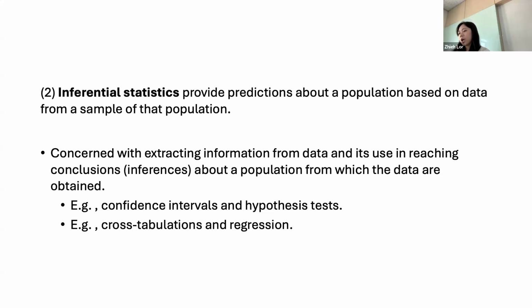It is concerned with how to reach a certain conclusion about that assumption about the population. Things that we'll use include hypothesis testing, as well as looking at confidence intervals.